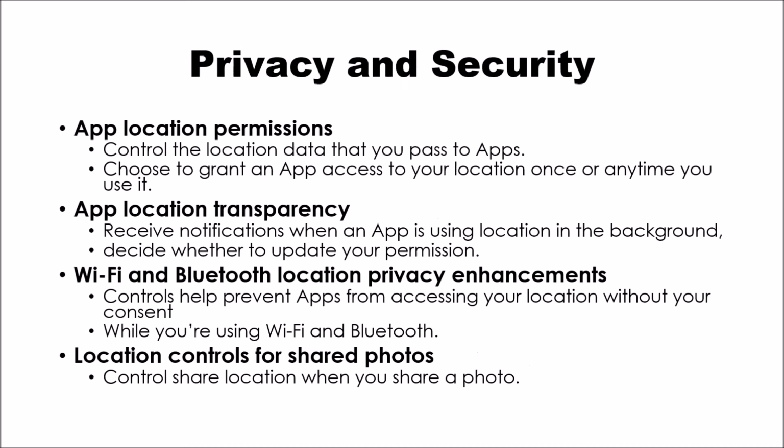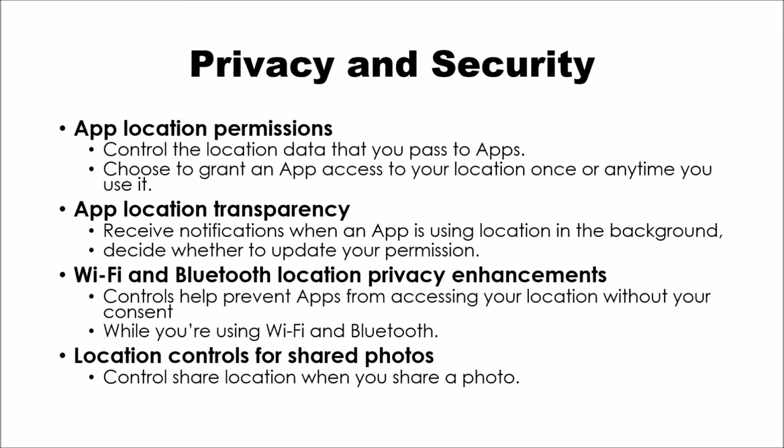Privacy and security. Apple has gone in and made some changes to the location app that works on your device and how you can control it a lot better now. And who gets to have access to your location. Specifically, an app, whether you want to give them permission to know where you're at or not.